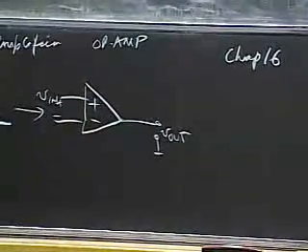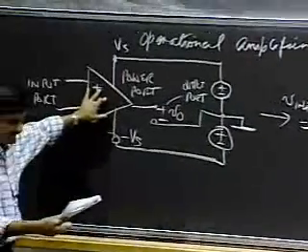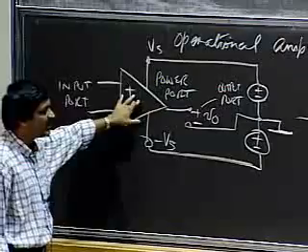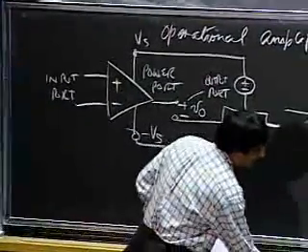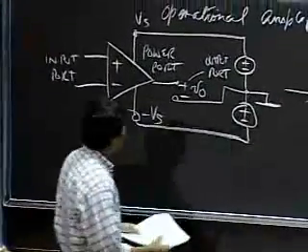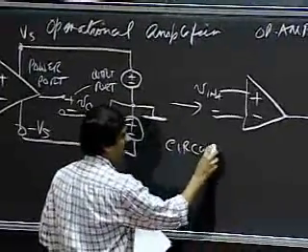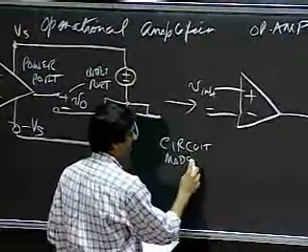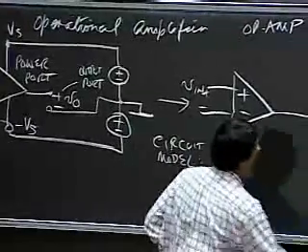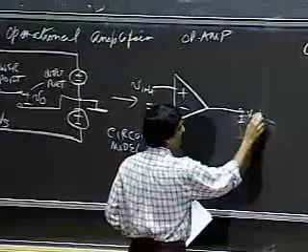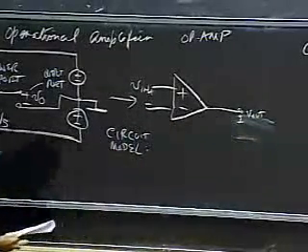The other thing is that there are some other key properties of this amplifier. Let me discuss those very quickly. So first of all, I can draw a circuit model for the amplifier. Make some room for myself here.